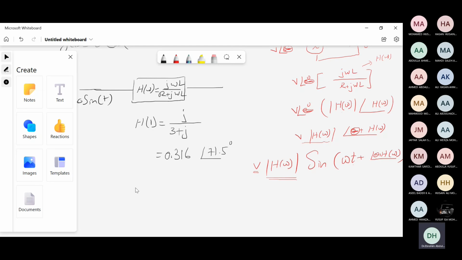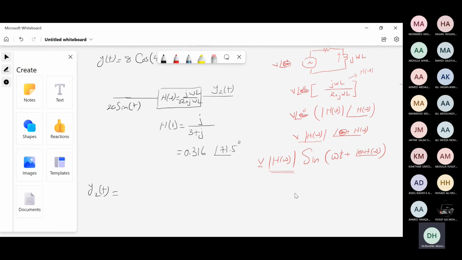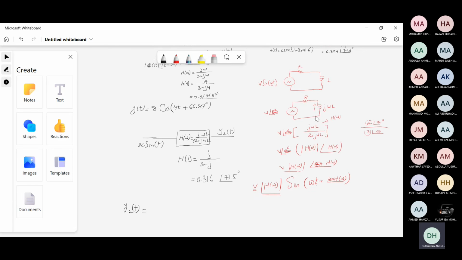Then the output, as we said, is straightforward. Let's call this y2. So y2 of t equals 20 multiplied by 0.316, which becomes 6.324.